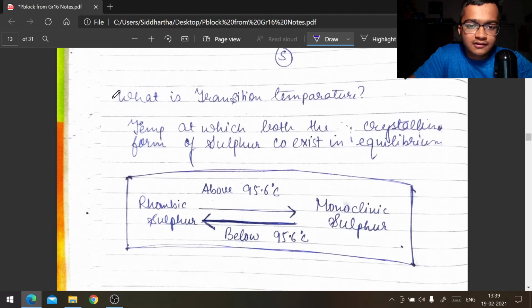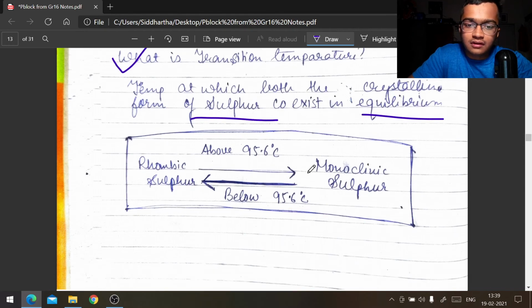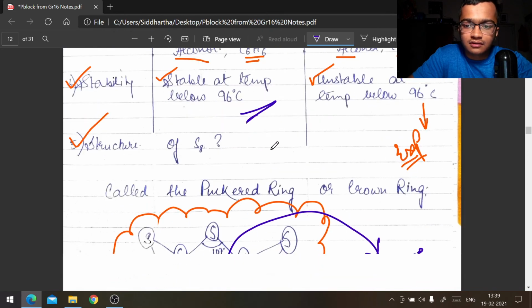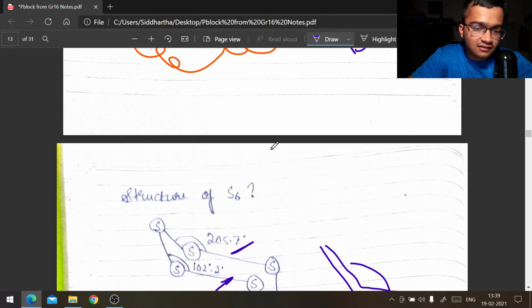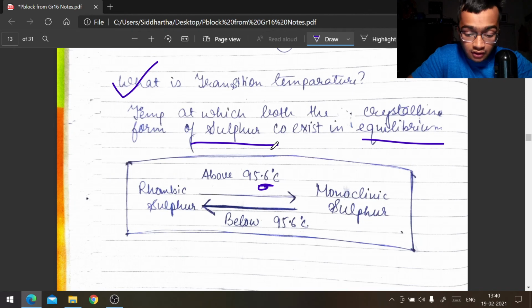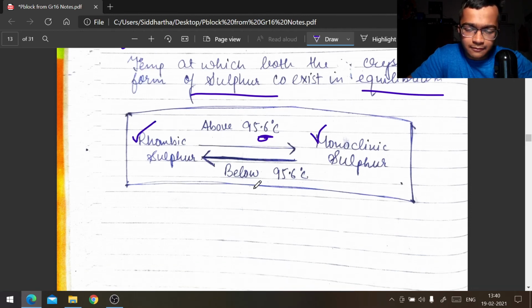Okay, now what is transition temperature? Transition temperature is the temperature at which both the crystalline forms of solid sulfur can coexist in equilibrium. We have also studied 95.6 here. Above it one form is stable and below it the other is stable, so at 95.6 degrees centigrade both monoclinic sulfur and rhombic sulfur are stable.